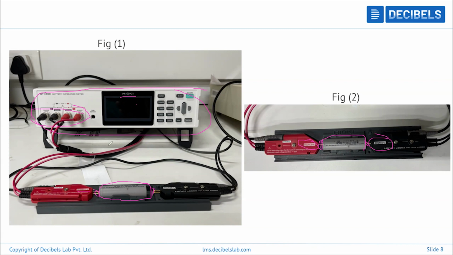The cables have metal inside, so they have some resistance, and that has to be taken care of. That is why a 4 probe measuring system is used. Even in battery testing or cell testing machines, there will be 4 probes, 2 for voltage and 2 for current separately.